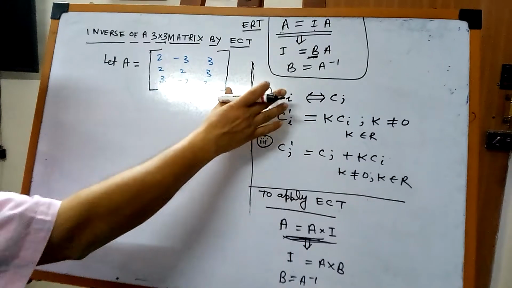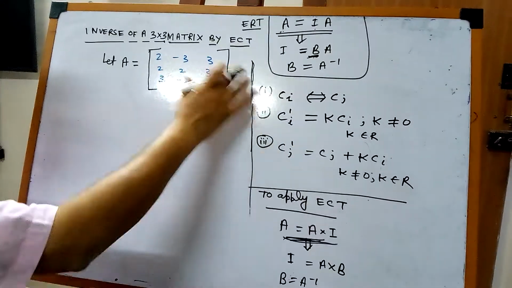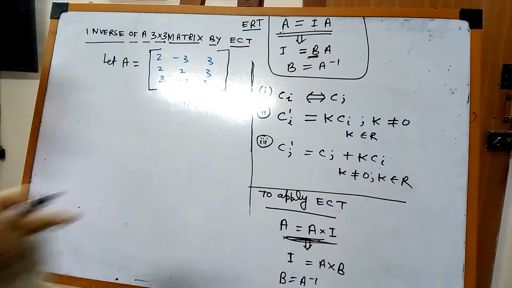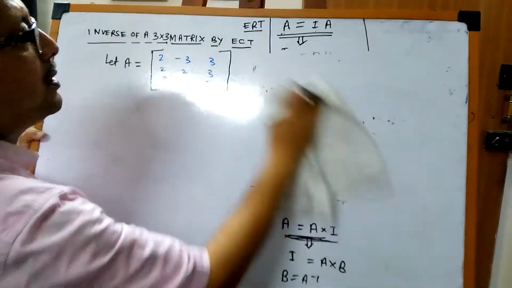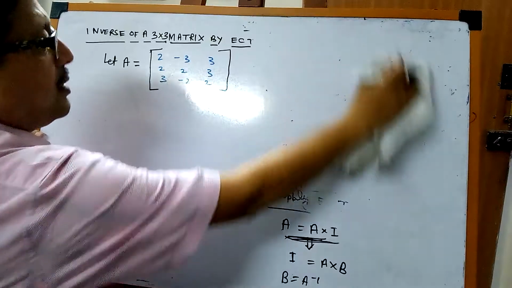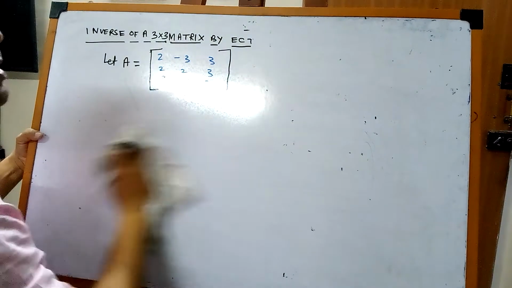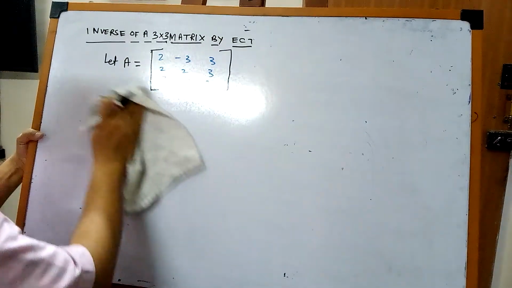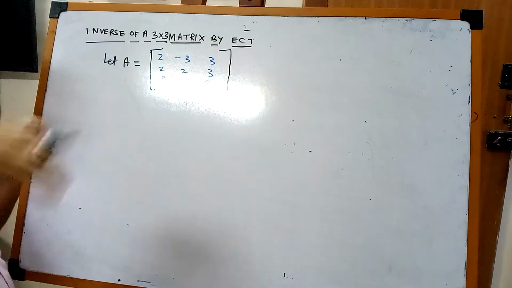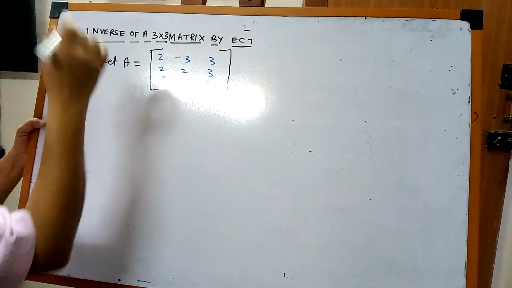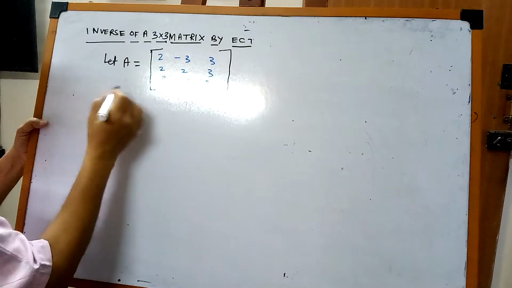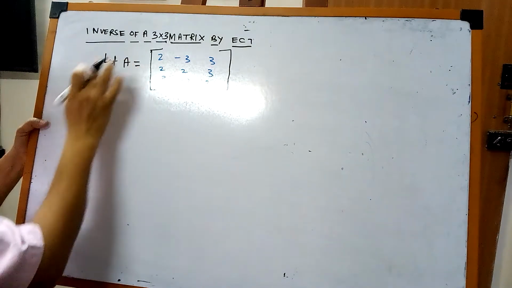I think you all are familiar with this, so I can erase it. The very first step is to write the matrix in this form; we write the inverse of this we are going to find.